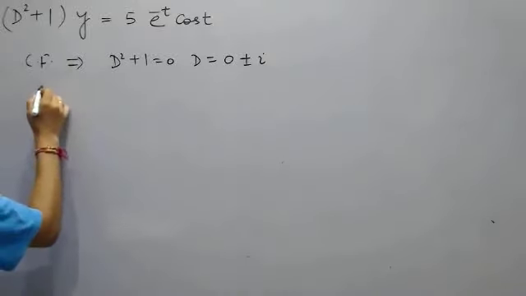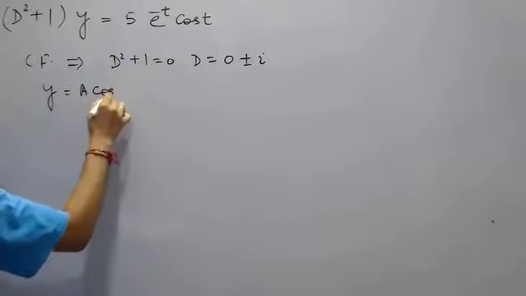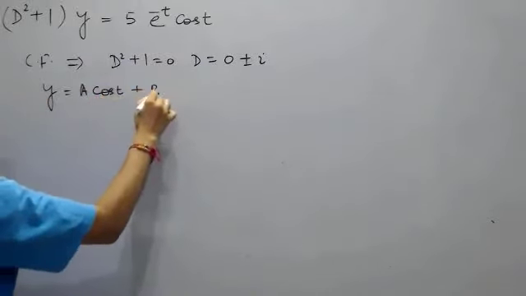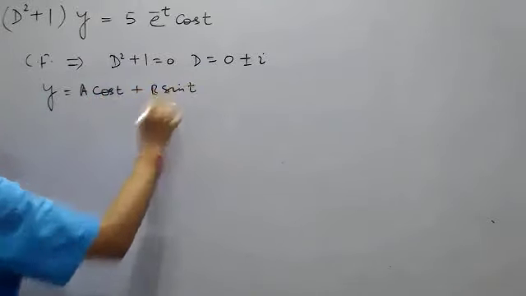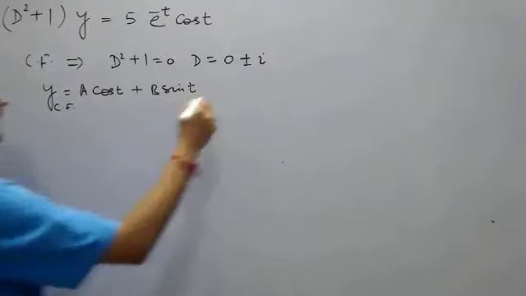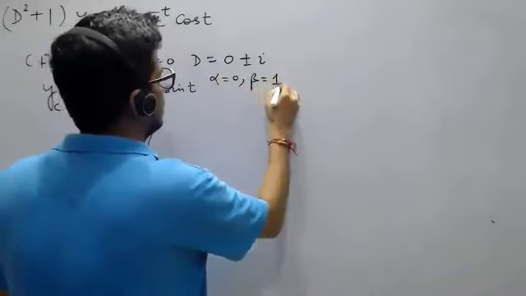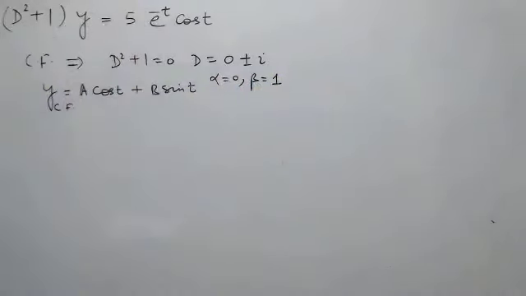The value of y will become a cos t plus b sin t, correct? The complementary function part will become, because what is alpha? Zero. And what is beta? 1. Alpha is 0 and beta is 1. So it will become like this.